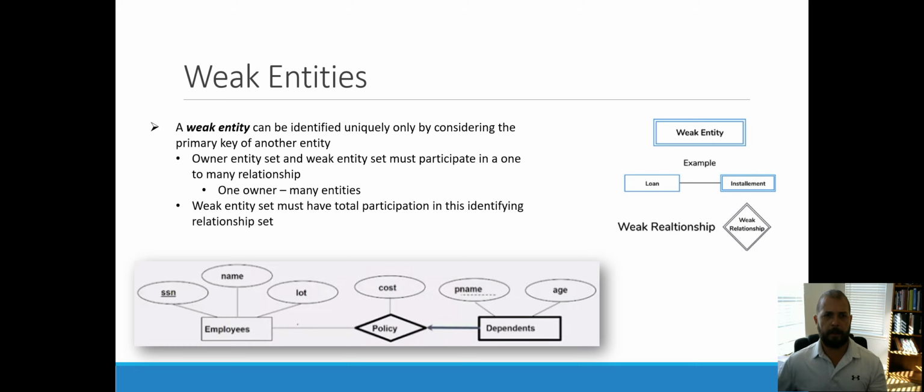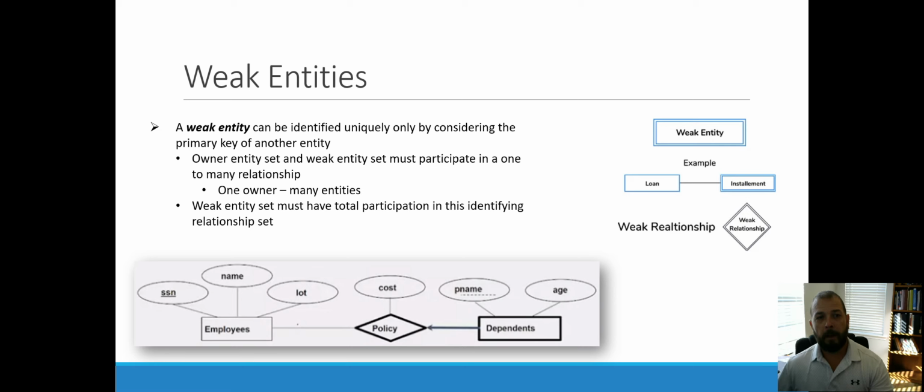I know that's very vague, but again, this is what we call a weak entity. The dependent entity is a weak entity because it doesn't exist unless there is an employee for it to exist upon, for that relationship to exist.